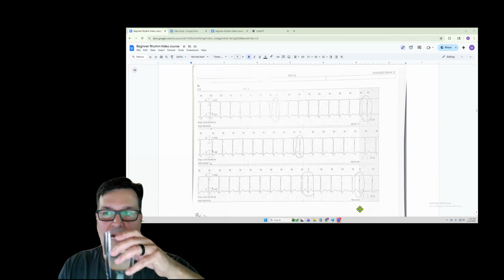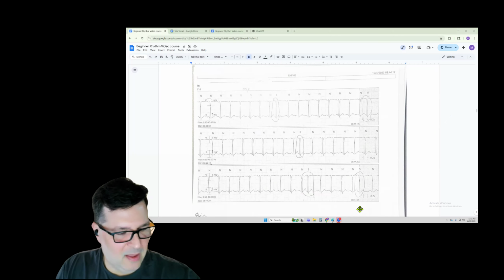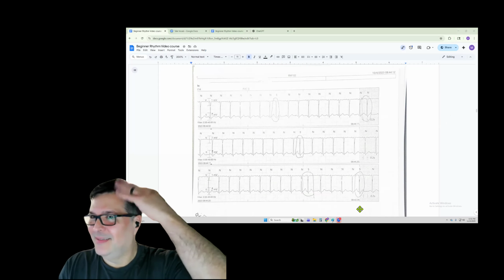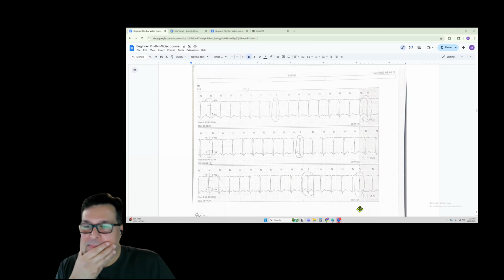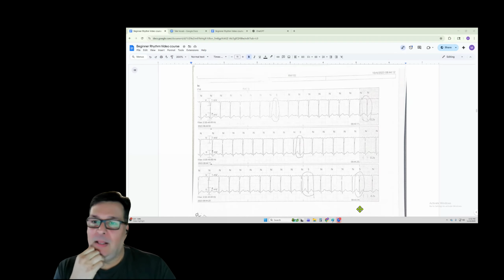Most of the time, if you call them up and say, hey, just so you know, your patient is in a wandering atrial pacemaker, 90% of them are going to be like, what is that? Yeah, which is a literal answer that Jeff got when he notified a nurse that his patient was in a wandering atrial pacemaker. The nurse said he doesn't have a pacemaker. Just that part alone already confuses a lot of nurses.